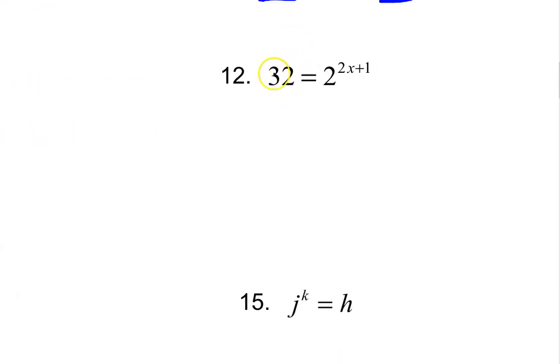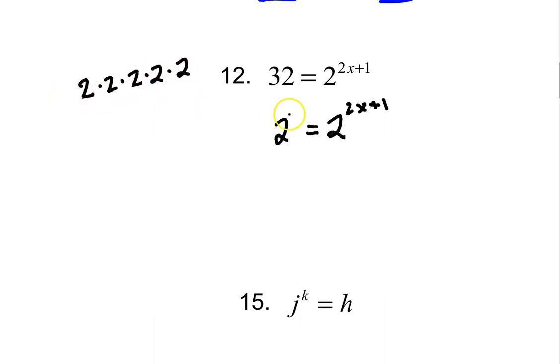Lastly, rewrite 32 in the base of 2. So 2 to what power is 32? And if you need to, off to the side, you can kind of start multiplying them. 2 times 2 is 4, times 2 is 8, 8 times 2 is 16, 16 times 2 is 32.